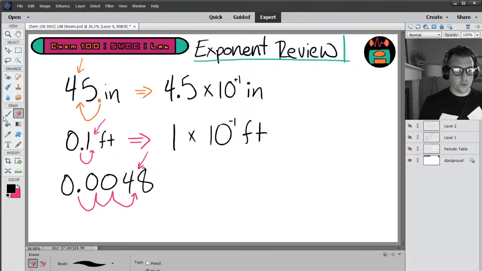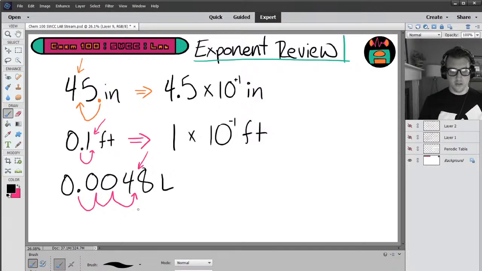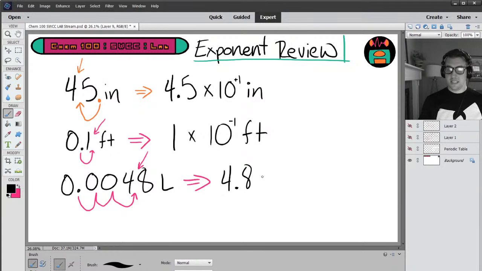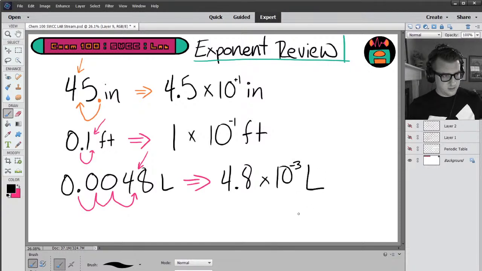We'll say 0.0048 liters. So this would be 4.8, right? Times 10. Now we moved it 3 spaces over, so we know it's going to be 10 to the third, and we moved it to the right, so it's 10 to the negative third liters.